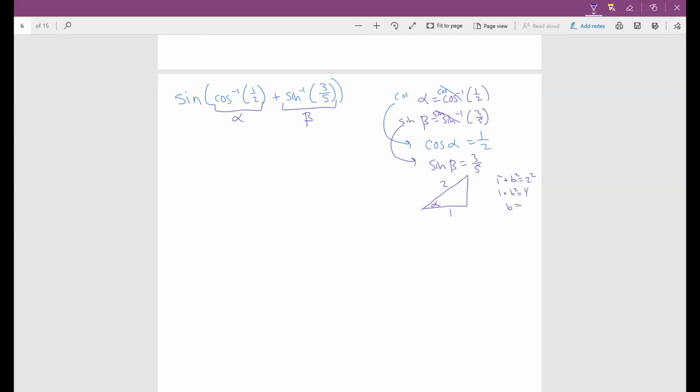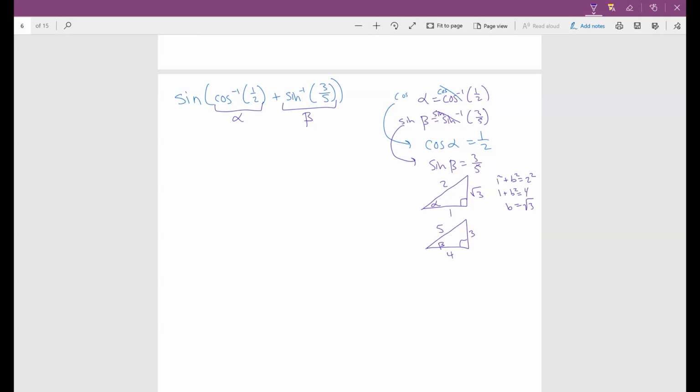So b is going to be equal to the square root of 3. Okay, this is for alpha. And then for beta, let's draw another right triangle. Here is beta. And now sine beta is 3 over 5, so that's going to be the opposite over the hypotenuse. The other side we've already done, so it will be 4.